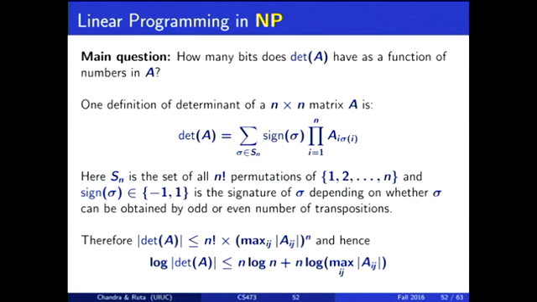I won't go through it, but you can check when you go back home that the determinant has a formula, and from the formula you can conclude that the number of bits you need to write down the determinant is polynomial in n and the initial numbers that I gave you. That's how you convince yourself that there is a solution whose length is polynomial in the initial input length. To even convince yourself that it's in NP, you have to do this exercise. Forget it in P.